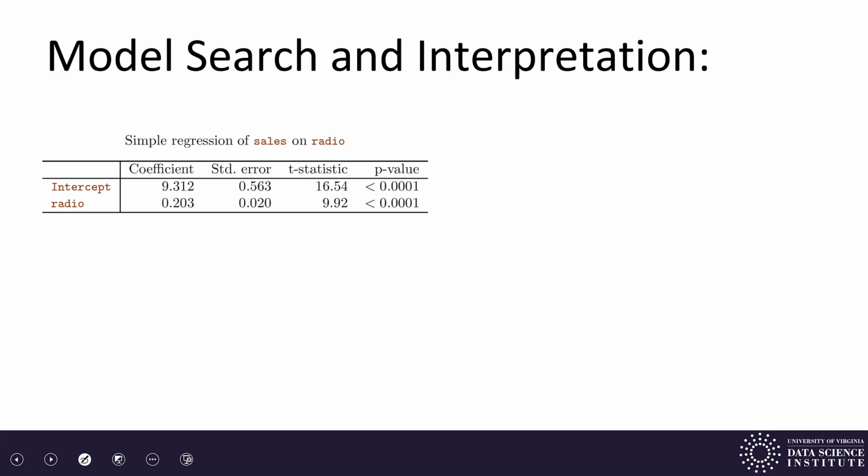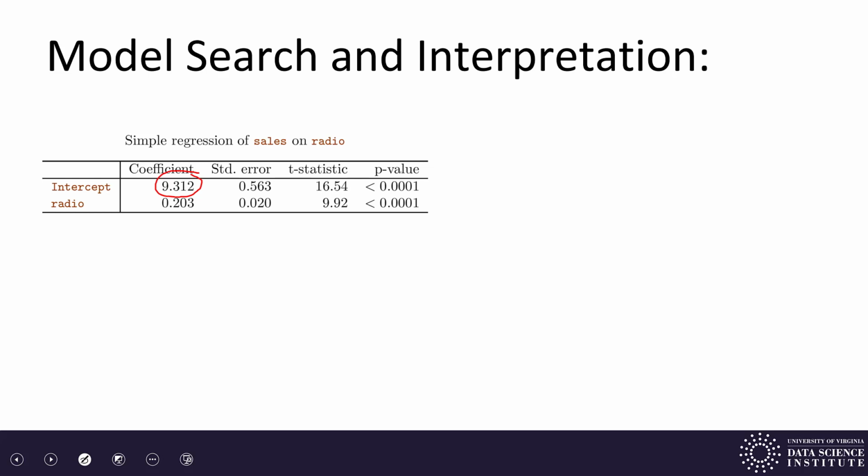So let's look at some linear regression models. First, we have linear regression using sales as our output, trying to predict sales based on radio. We have a fairly large coefficient for the intercept, which tells us what we would expect the sales to be in the absence of any radio advertising.